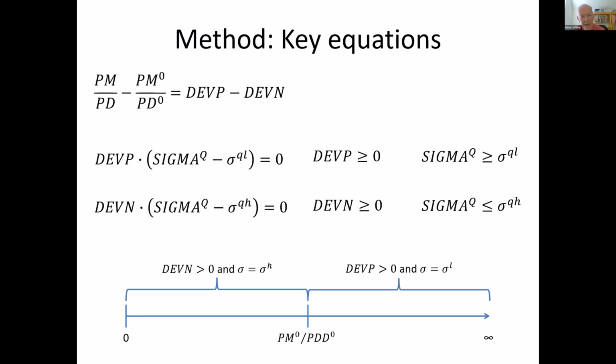And if that is the case, then dev N would have to be 0, and then you would also be forced to have sigma Q minus sigma QH being a positive term, so that that complementary slackness condition would hold as well. So for example, if we talk about PM/PD going up relative to PM naught/PD naught, we are at the right end of the figure you have at the bottom, and we could have moved in the other direction as well.